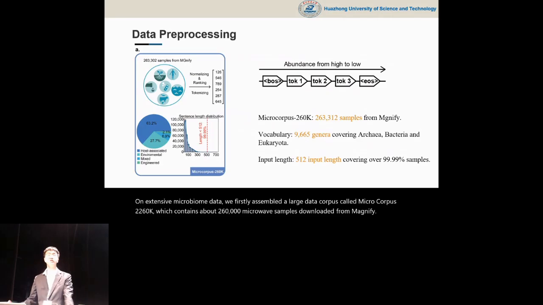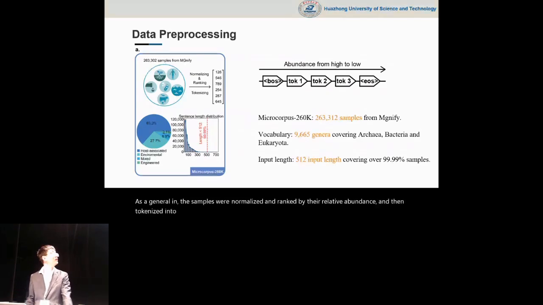The genera in the samples were normalized and ranked by their relative abundance, and then tokenized into discrete representations, so that we can consider a sample as a sentence and the genera in it as words. The order is abundance from high to low.